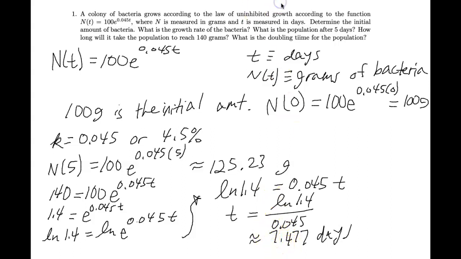Okay, so what we want to solve, if it's going to double, is 200 equals 100 e to the 0.045t. We'll divide both sides by 100, and repeat the steps we just did. So we'll end up with 2 equals e to the 0.045t, ln both sides.